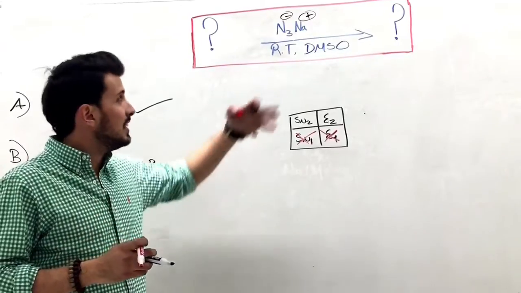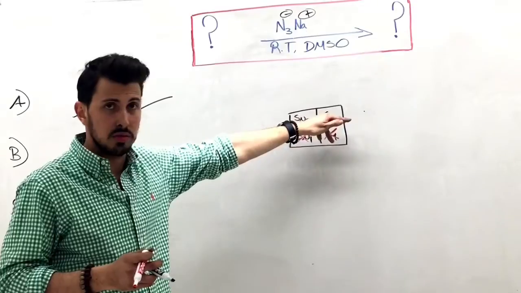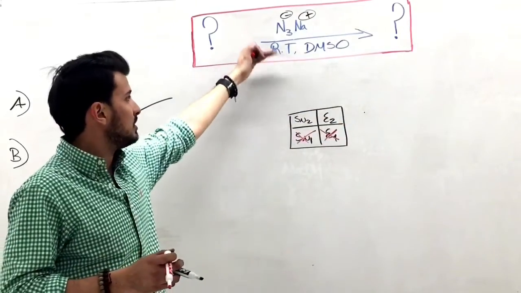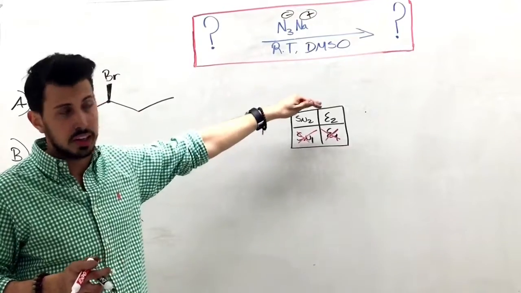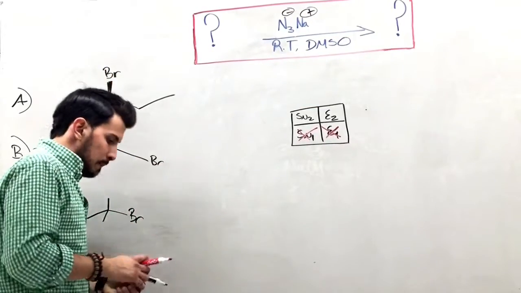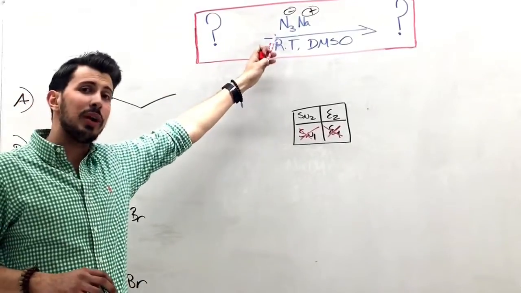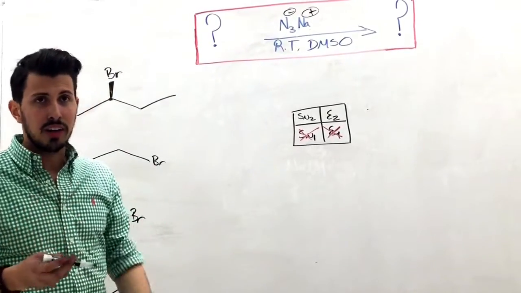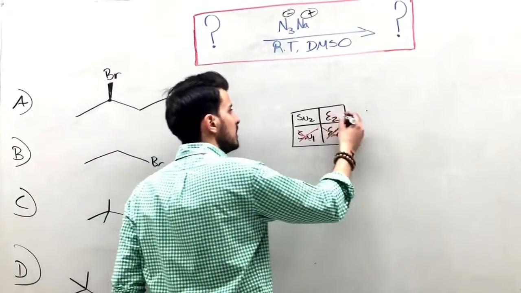So if in this scenario this were to act as a base, we would call it an E2. If this is going to act as a nucleophile, we're going to call it an Sn2, substitution nucleophilic. It turns out that sodium azide, this N3 minus, is a stronger nucleophile than it is a base. So you know to cancel out this E2.